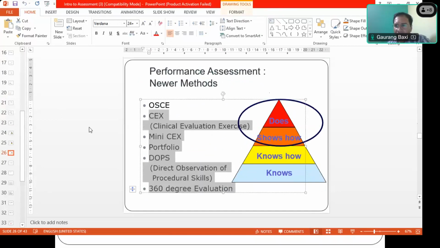In the subsequent sessions, we will be discussing all these assessment methods in much more detail and see how to take care of these challenges which have been identified.